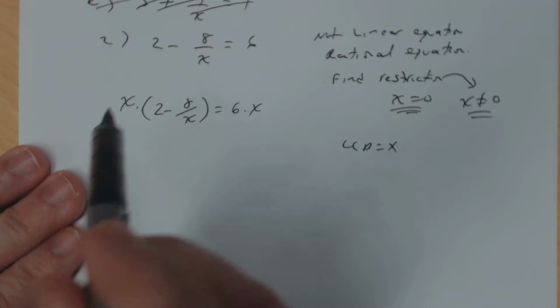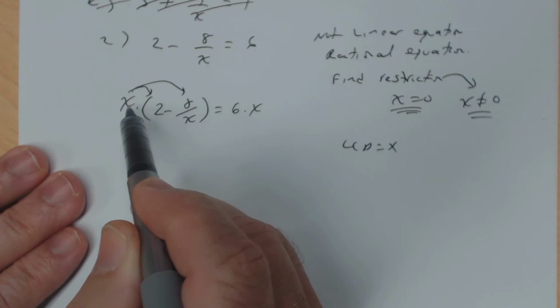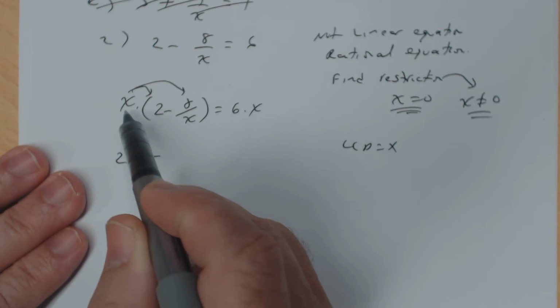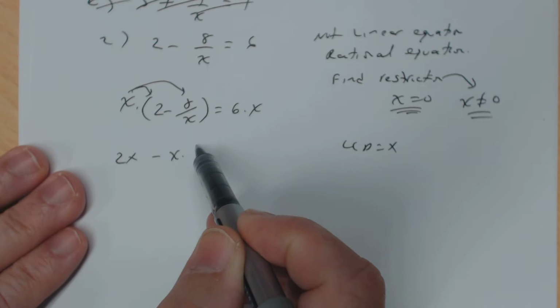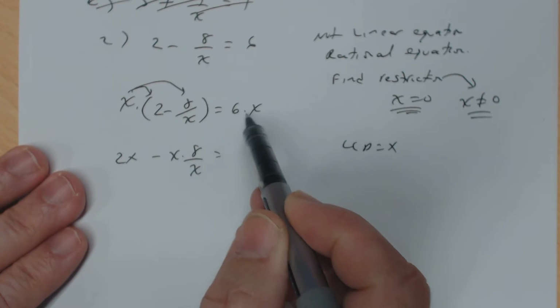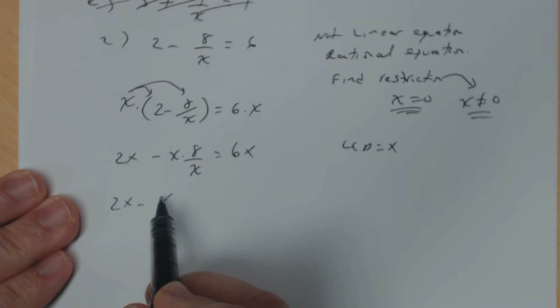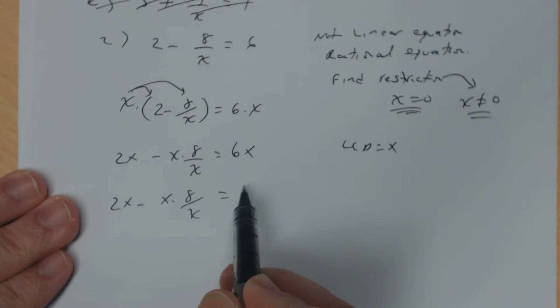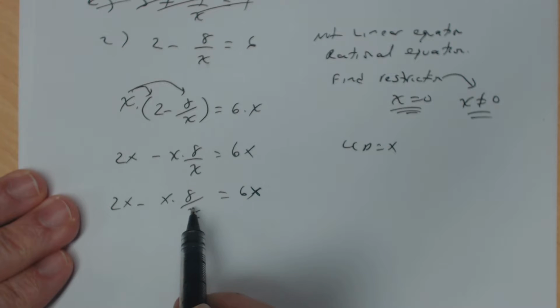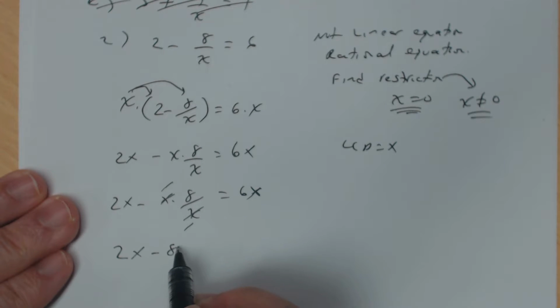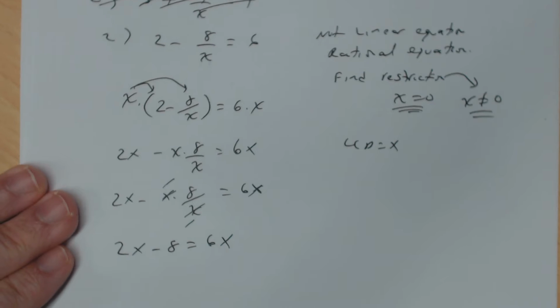Just like the previous problem, you now distribute. x times 2 is 2x, minus x times 8 over x, equals 6x. Go ahead and write in that step. I'm going to rewrite the equation, and now reduce: x and x is 1, x and x is 1. 1 times 8 is 8, so I get 2x minus 8 equals 6x.